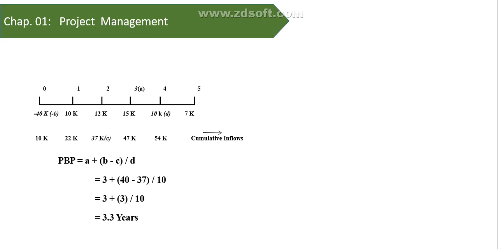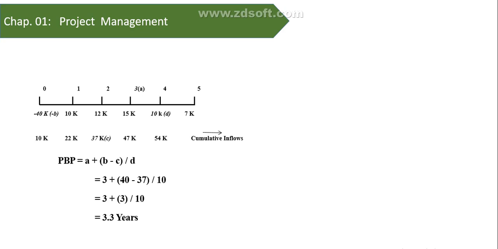How much have we invested? $40 we have invested in a specific project. Cash flow: in year 1, I receive 10, second 12, then 15, then 10, then 7.